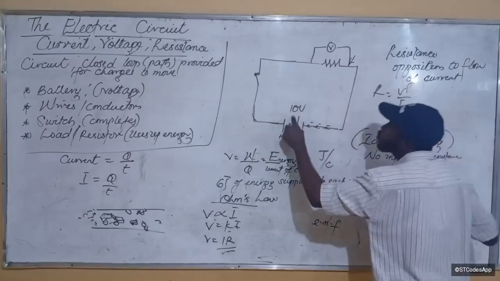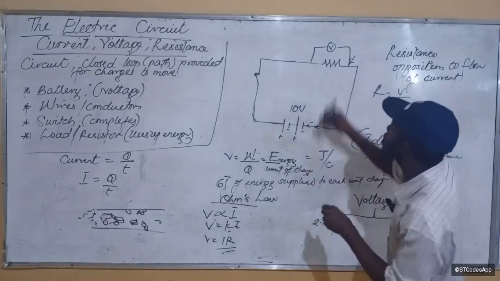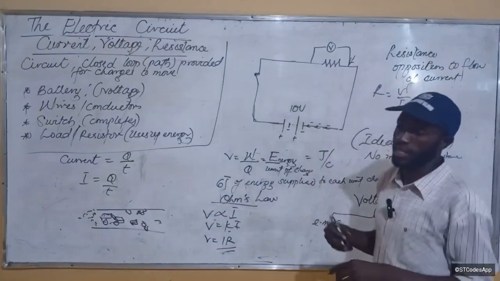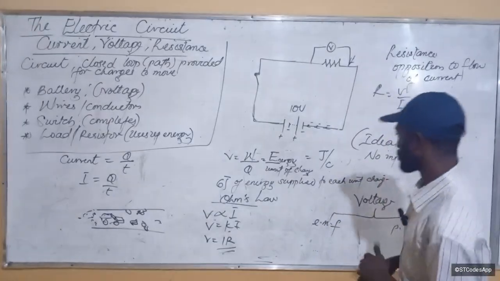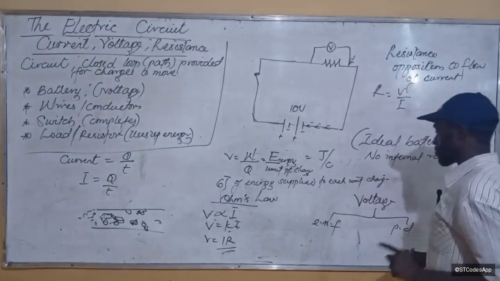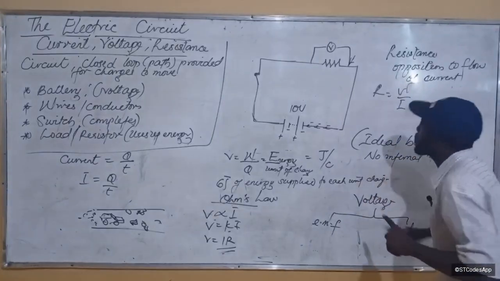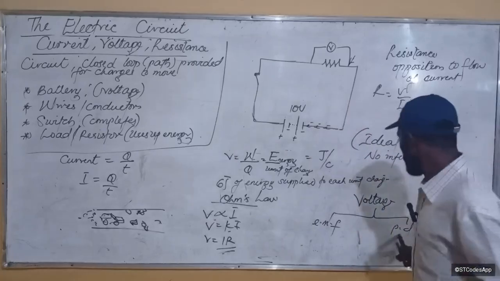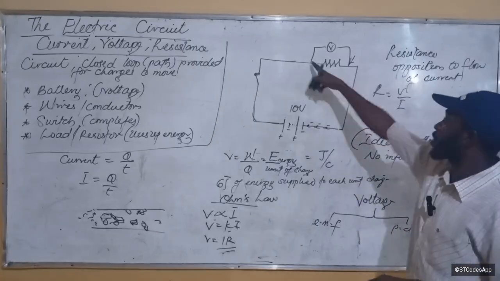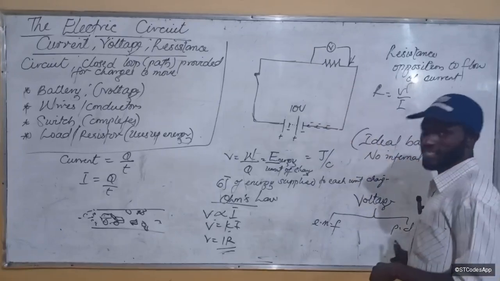Each charge will have 10 joules of energy, and they will lose all the 10 joules in this place. Is that clear? For an ideal battery. All right. So the voltage across this end is what we call potential difference.